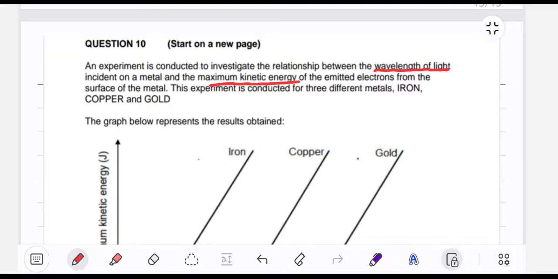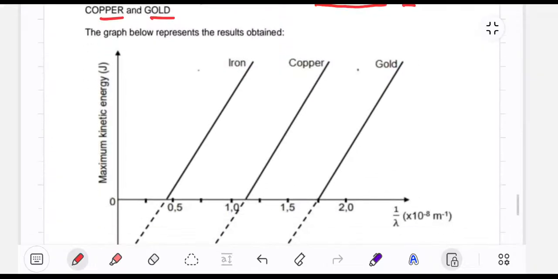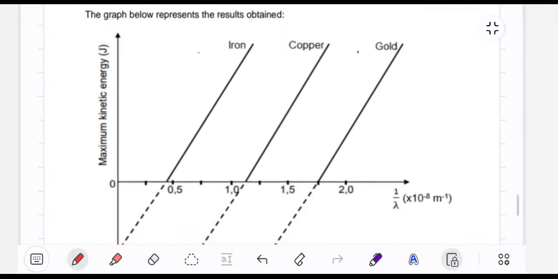This experiment is conducted for 3 different metals: lead, iron, copper, and gold.